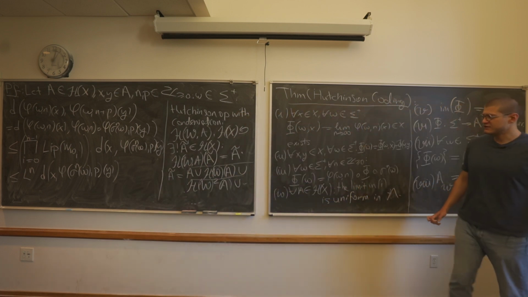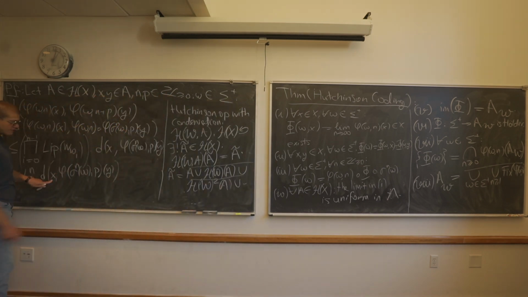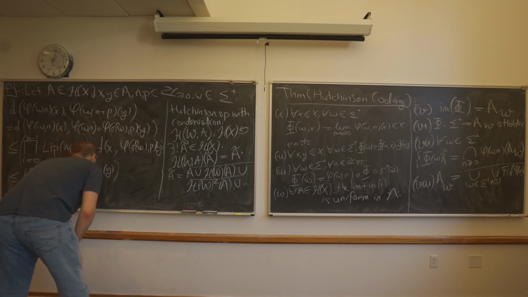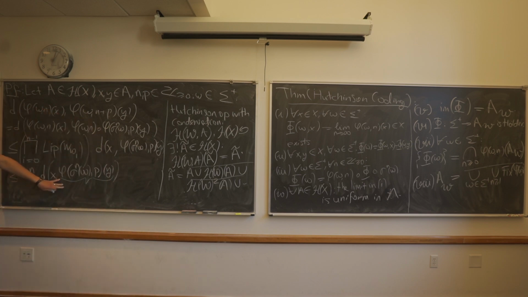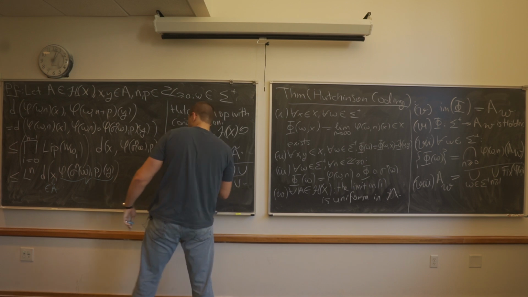What is important here is that because X and Y are in A, this is in A, and this is in Hutchinson to the P applied to A. So I'm taking time P, basically.